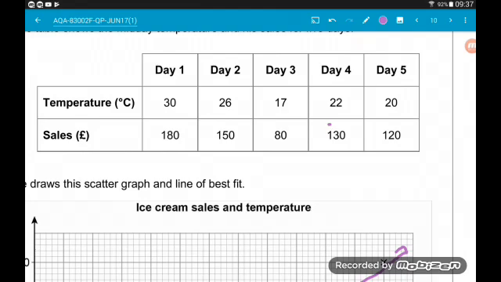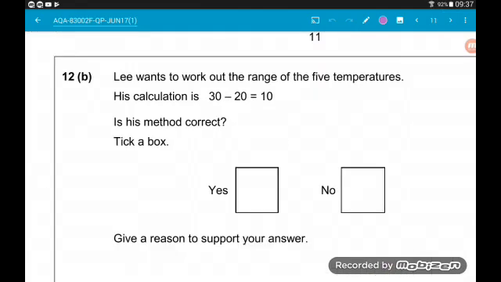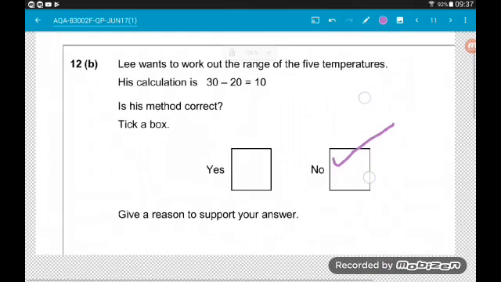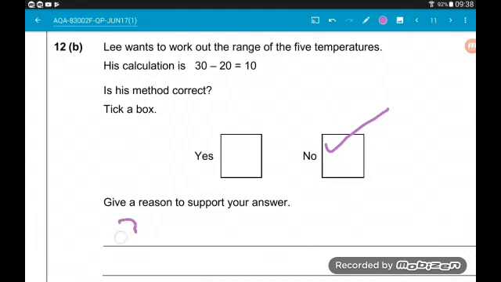So the biggest value is indeed 30, but then he's gone for 20 as the smallest, but actually it's 17. So he's not correct. He should have done 30 minus 17 and got 13. Not going too well for poor old Lee.